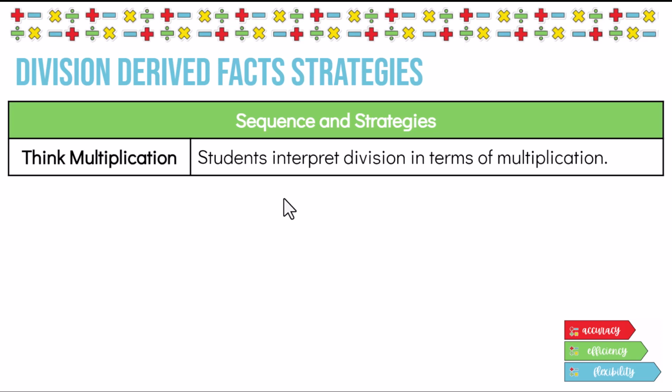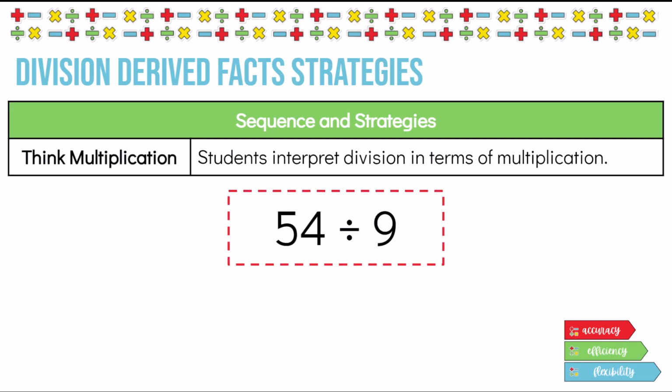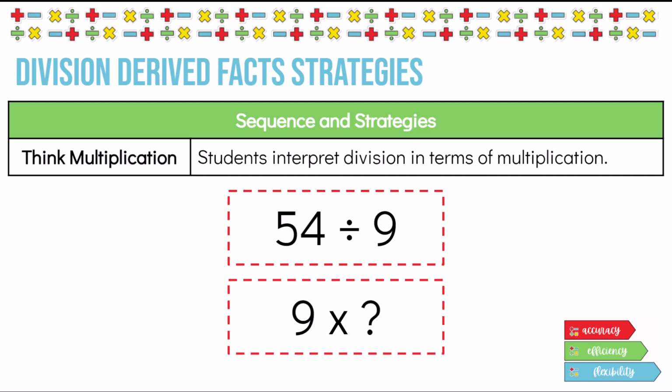According to research, division facts are best learned using the think multiplication strategy. In the division fact, 54 divided by 9, we can think of this problem as 9 times what number is 54.